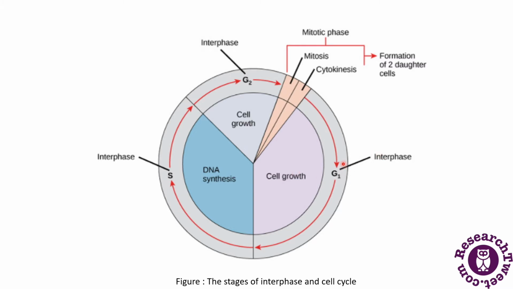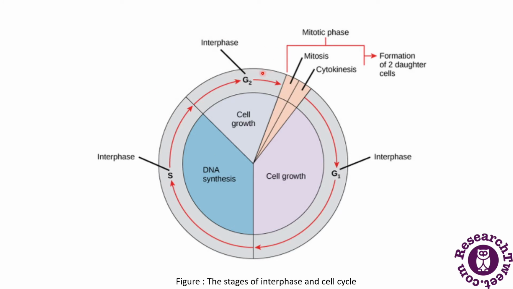So in case of G1 phase, it is the period between the end of the M phase. Here the M phase is ending and the start of the DNA replication is being depicted in this particular diagram. Then comes the S phase and it is the period during which the DNA synthesis or DNA replication occurs.